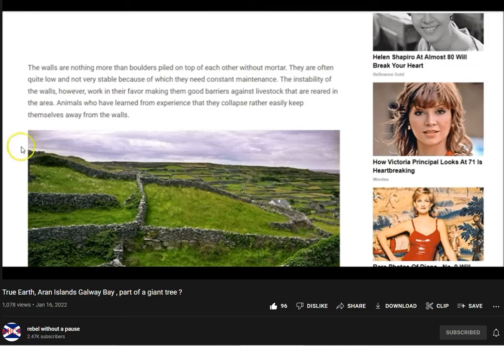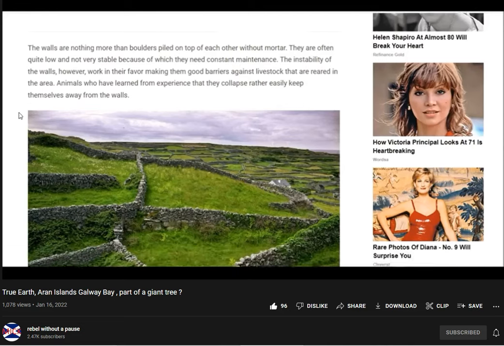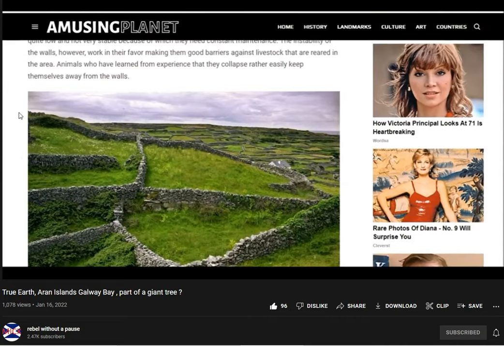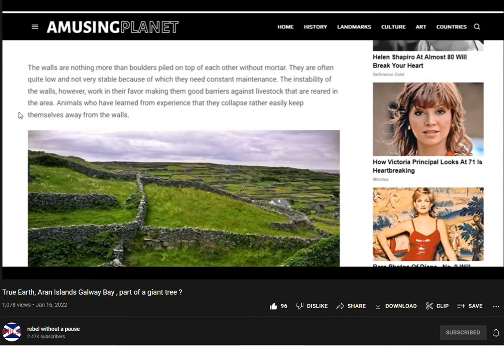They are often quite low and not very stable, because of which they need constant maintenance. The instability of the walls, however, works in their favour, making them good barriers against livestock that are reared in the area. Animals who have learned from experience that they collapse rather easily keep themselves away from the walls. Well, I'm going to disagree with that whole statement.